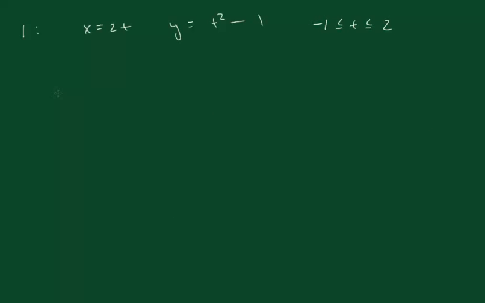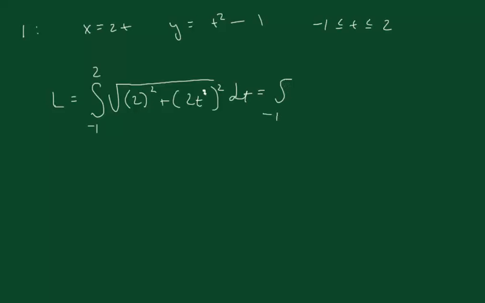In this example, going back to example 1, we're going to find the length of this curve. So the length of this curve is equal to the integral from t equals -1 to t equals 2 of the square root of the derivative of x with respect to t, which is 2, and then the derivative of y with respect to t, which is 2t, and then that quantity gets squared, dt.